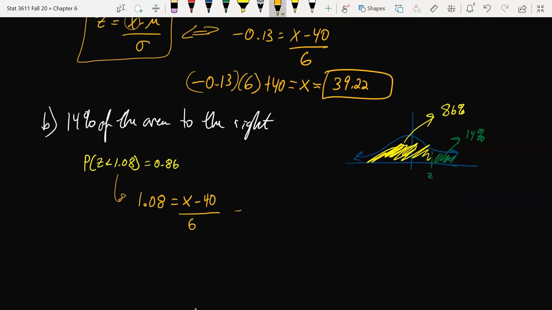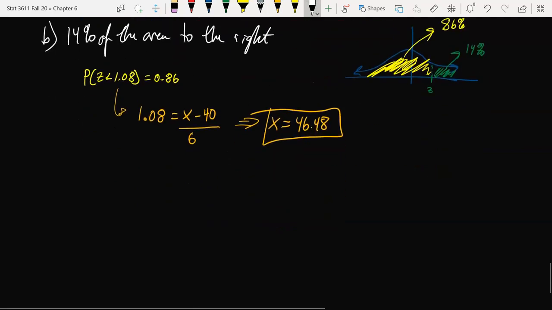And we can solve for x. 1.08 times 6 plus 40 is 46.48. There we go. Looks good. 46.48. Okay. Nice.